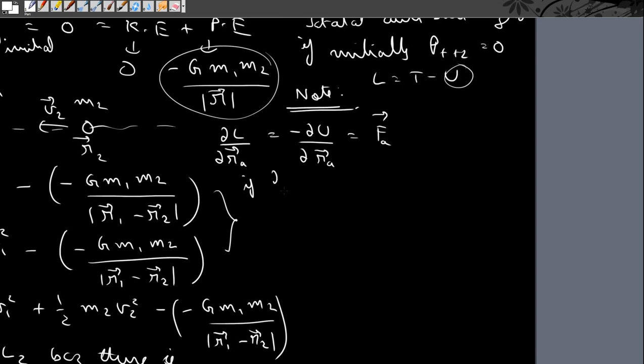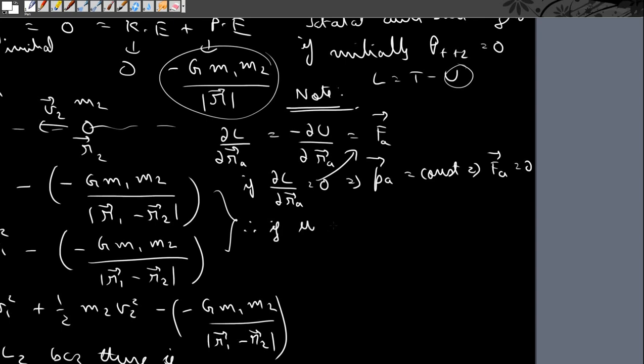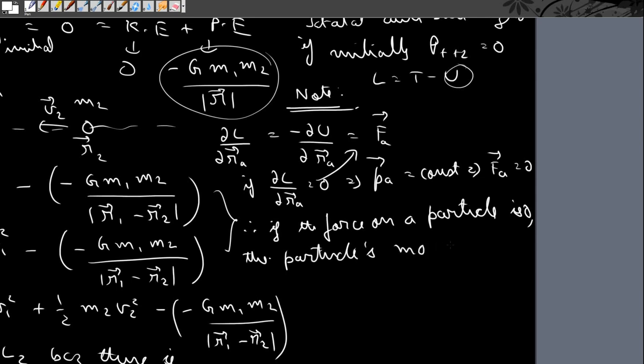And if ∂L/∂r_a equal to 0 implies p_a is conserved, this in turn implies from here F_a is 0. So if the force on a particle is 0, the particle's momentum is conserved.